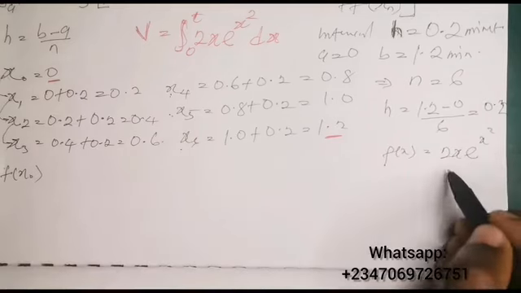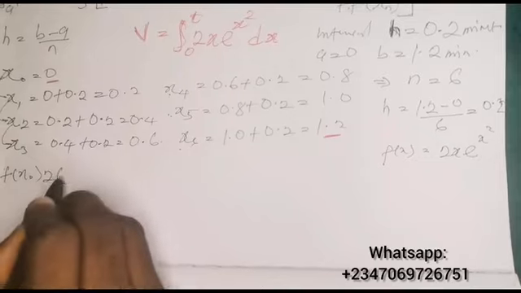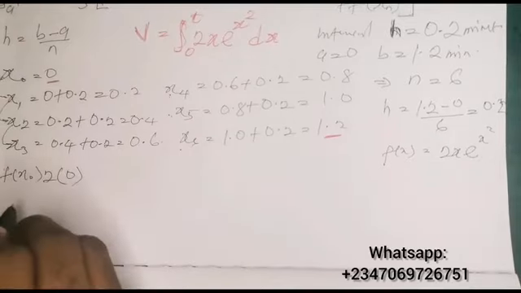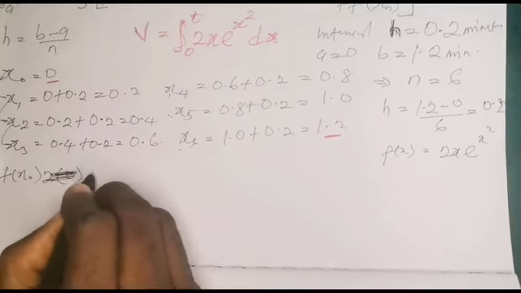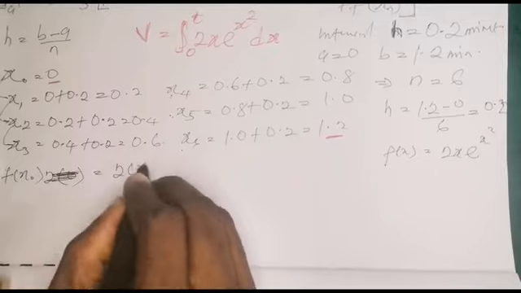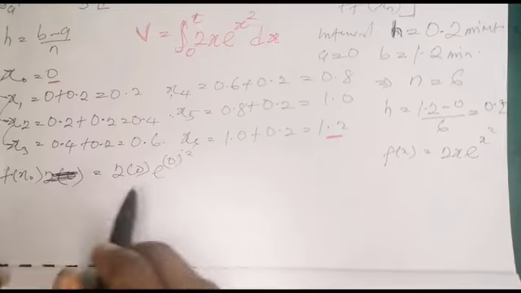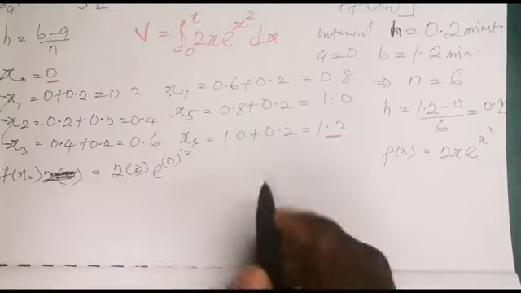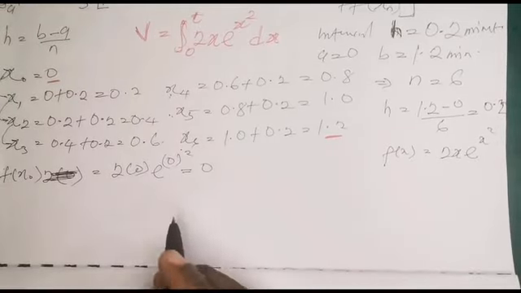So we have 2 times 0 multiplied by exponential 0 all squared, and of course 2 times 0 is 0. 0 multiplied by everything here is 0, so f of x naught is equal to 0.